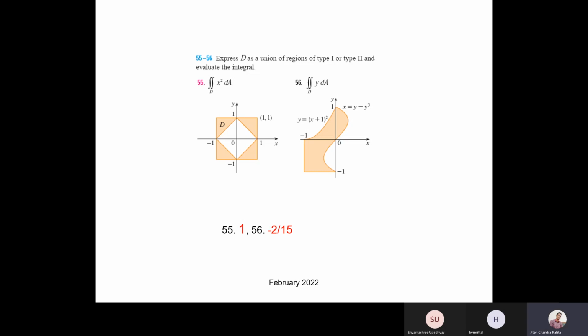Y equal to x plus 1 squared, and this is like this. So this is 1, this is 0, 1, that's it.